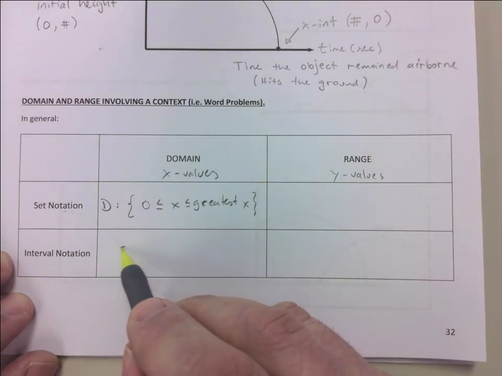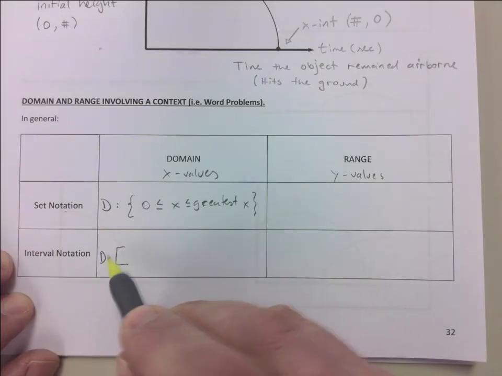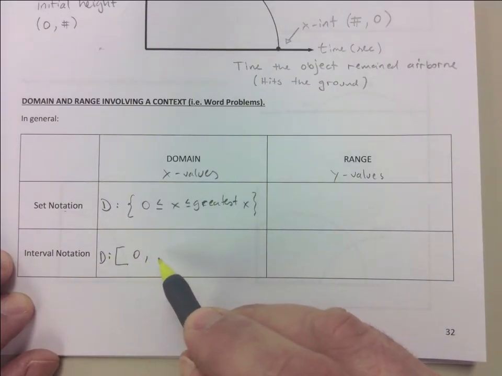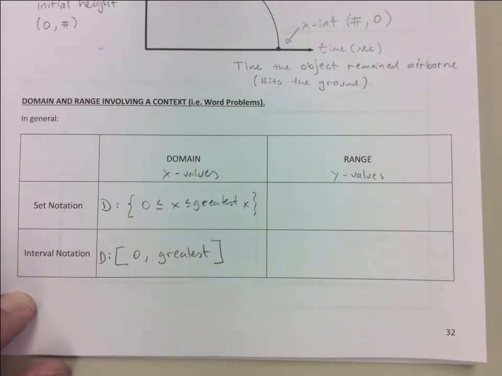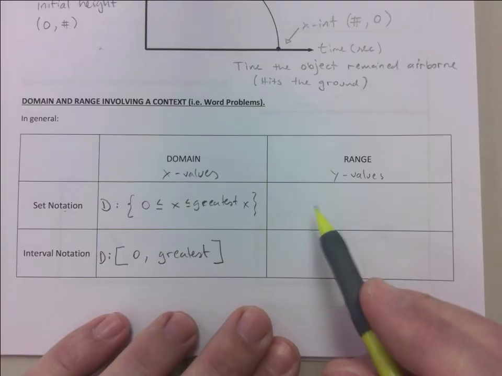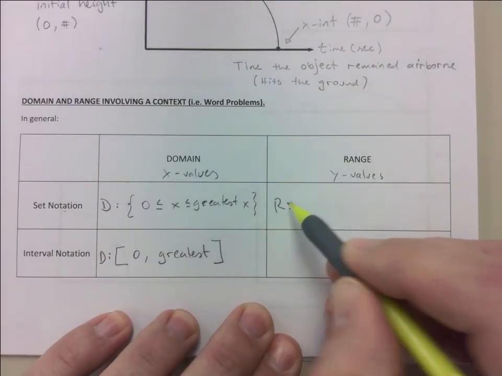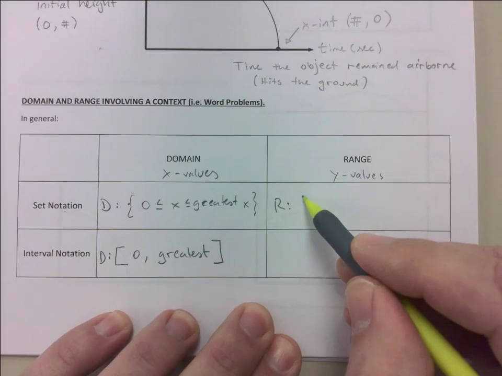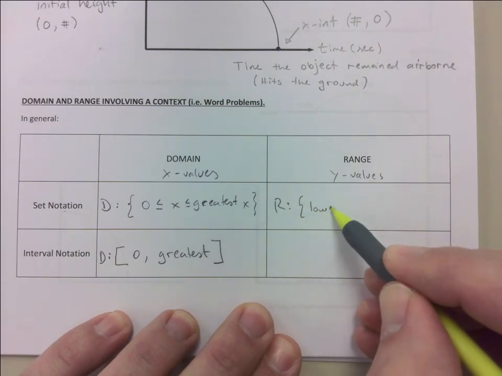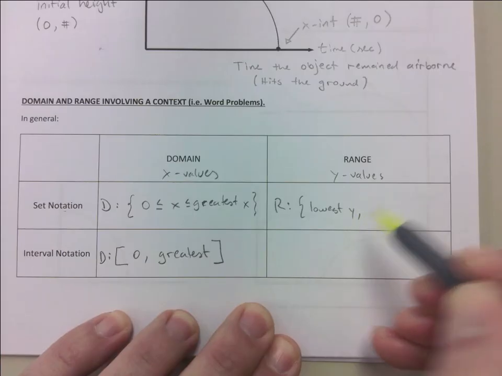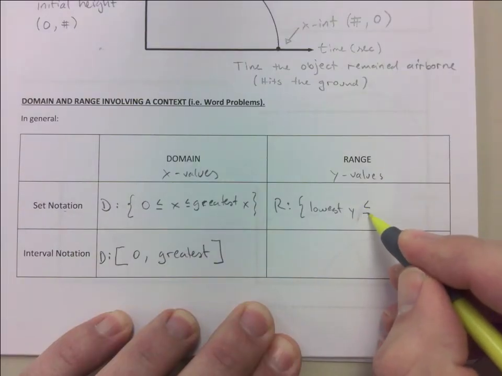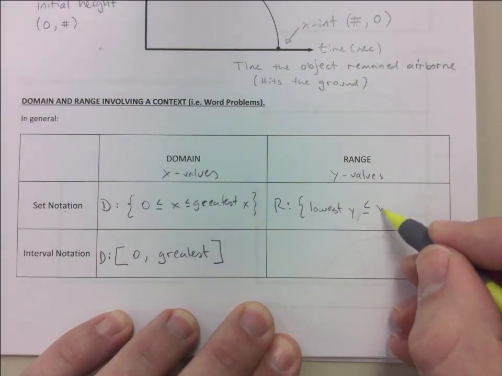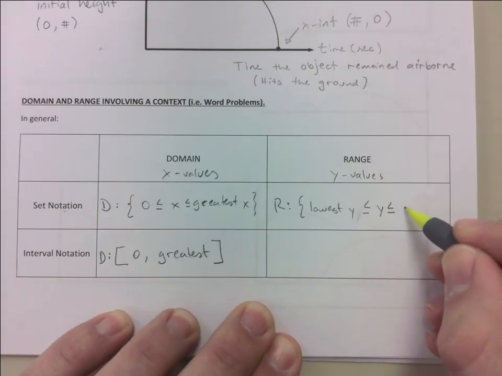Interval notation, right? D would be from 0 all the way to the greatest X value. For Y, for the range, we just go lowest Y less than or equal to Y, less than or equal to greatest.